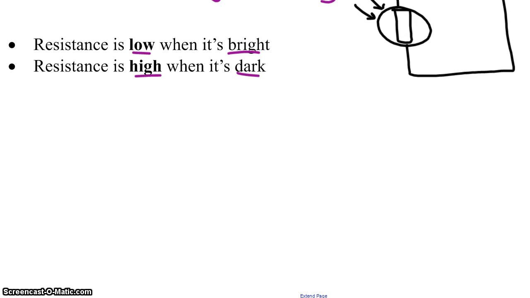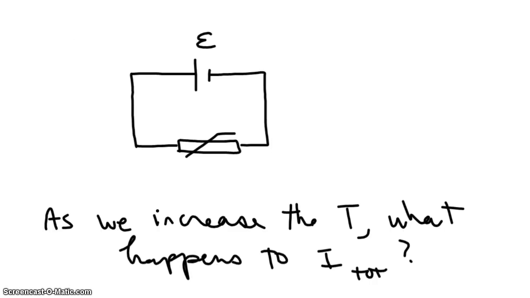Now I want to show you a couple of really simple problems involving these. Okay, so the last thing I want to do here is answer a couple of questions. Let's say we have a really simple circuit like this. An EMF source connected to a thermistor, and it's a negative temperature coefficient thermistor. We're asked, as we increase the temperature, what happens to the total current?